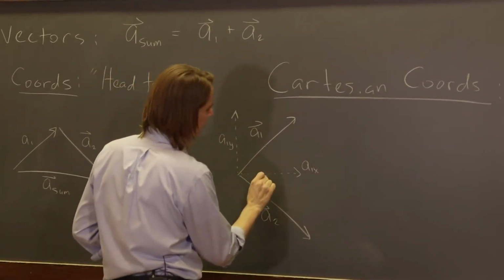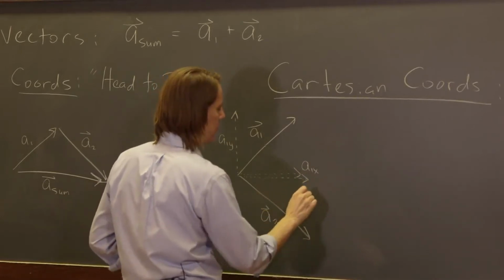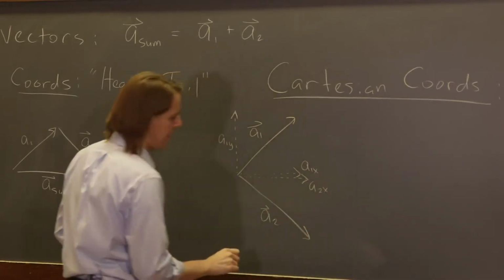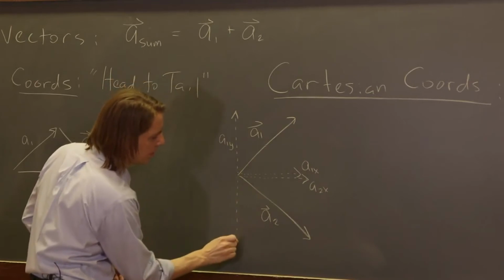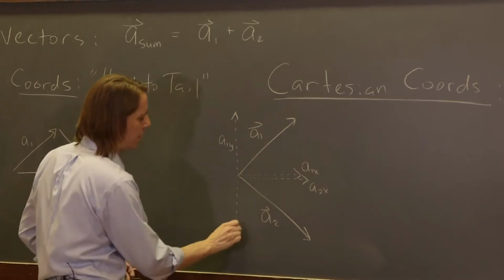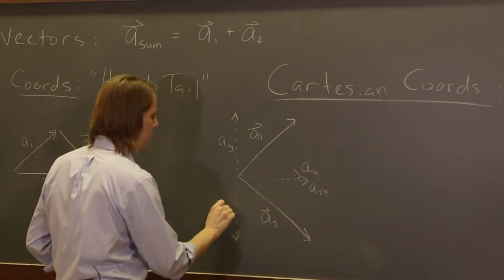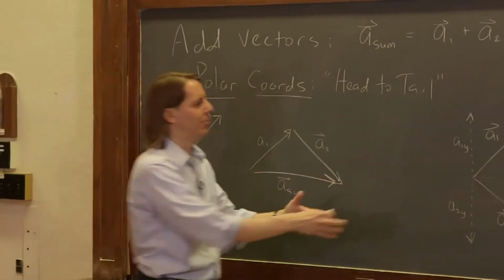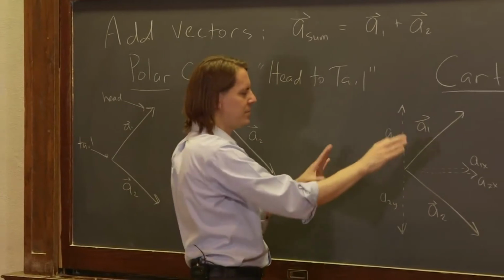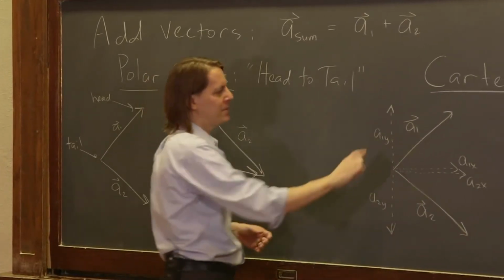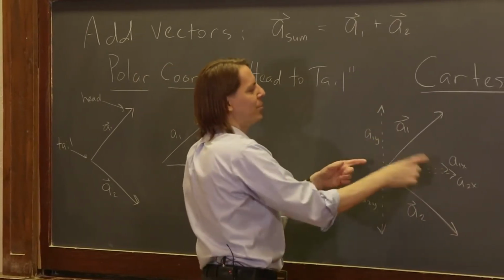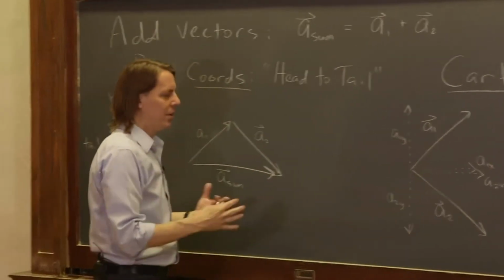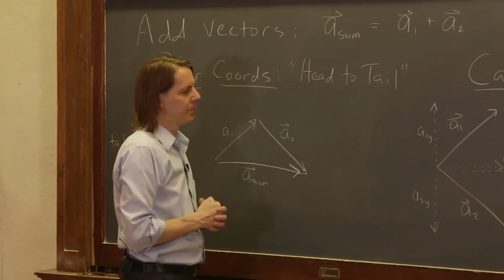Looks like it goes just a little bit further the way I drew it. And here is A2y. I'm drawing the components as though they are vectors with dotted lines, and we're treating them as scalars, but that's kind of how we're doing it. So just imagine them as the component. I'm just trying to help you visualize the component. I'm not trying to write them as more vectors, although we could.